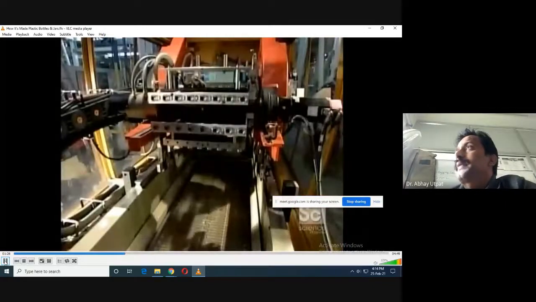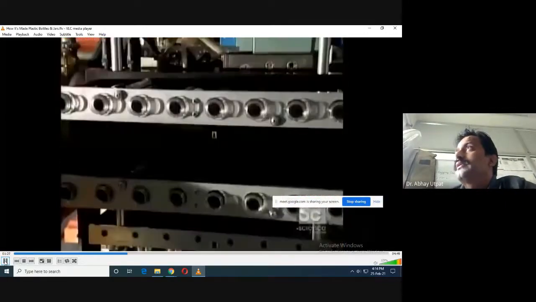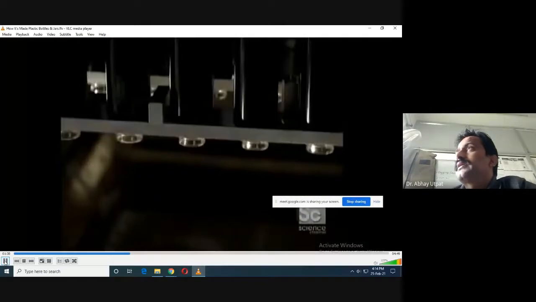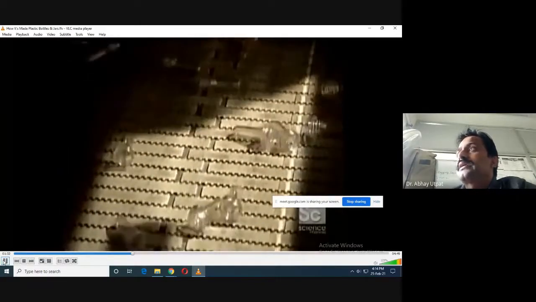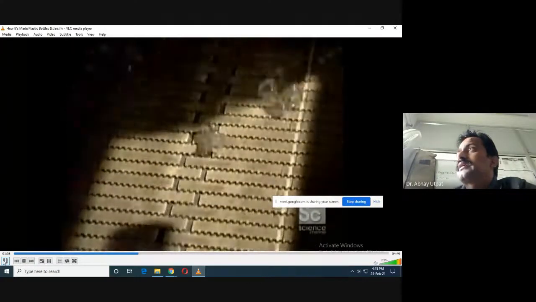See, these Parisons are falling down. These are the Parisons which are produced by injection molding.